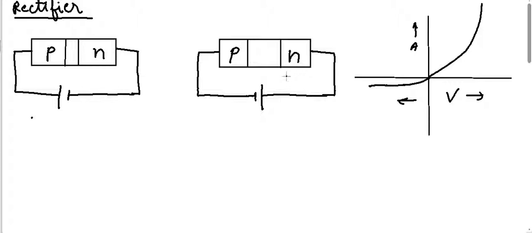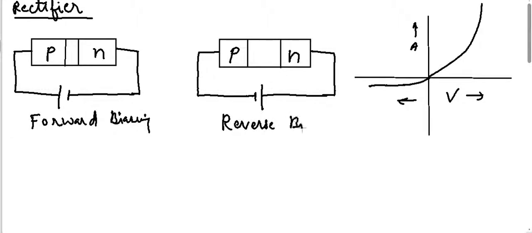The first condition is called forward biasing, where we connect the positive terminal to the positive side, and the second is called reverse biasing, where we connect the negative terminal to the positive side. So the key takeaway: in forward biasing of a diode current will flow, but in reverse biasing of a diode current will not flow.